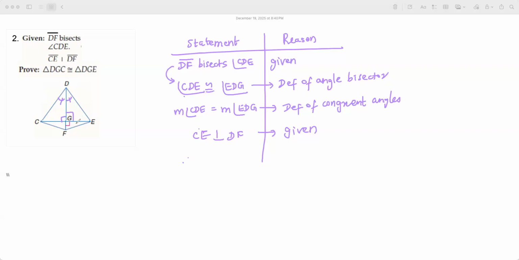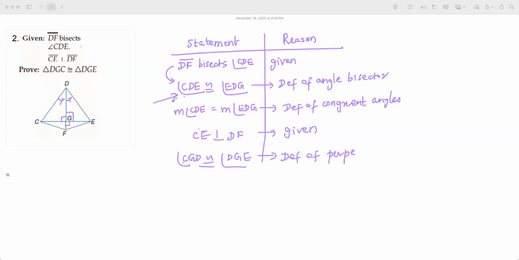Johan, go ahead and tell me what's the next step. CGD would be congruent to angle DGE, right? Definition of perpendicular, right? Yeah, Miss Priya, go ahead. So you know how you wrote CGD is congruent to DGE?